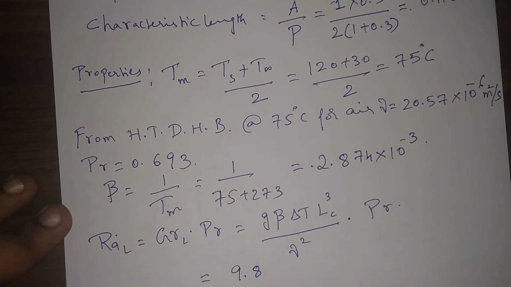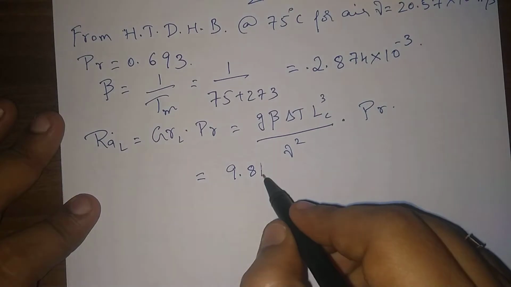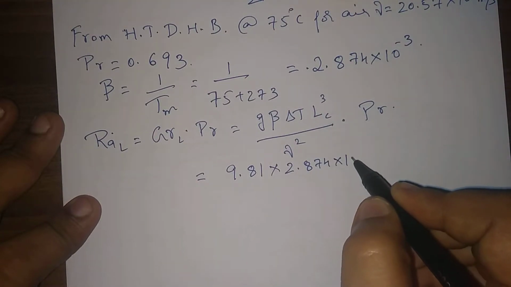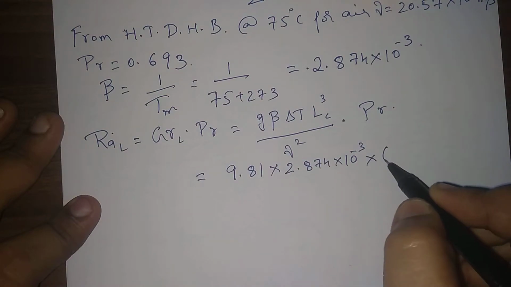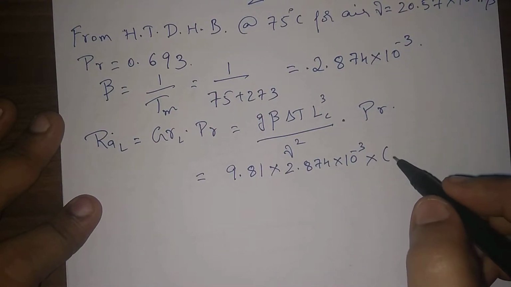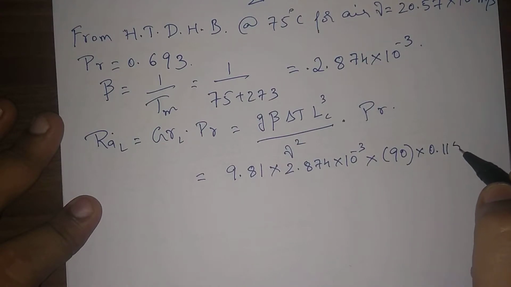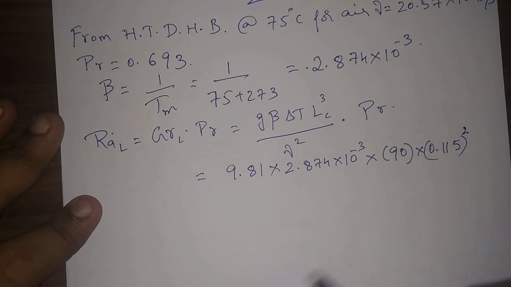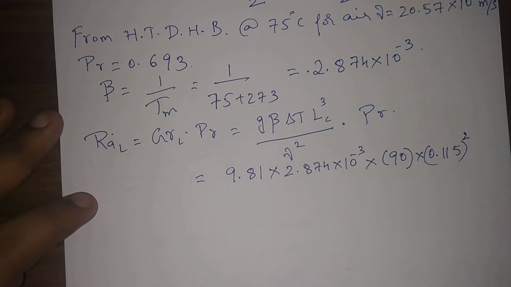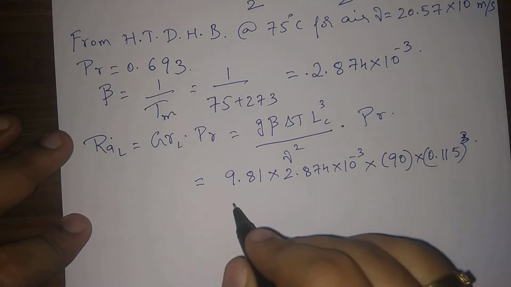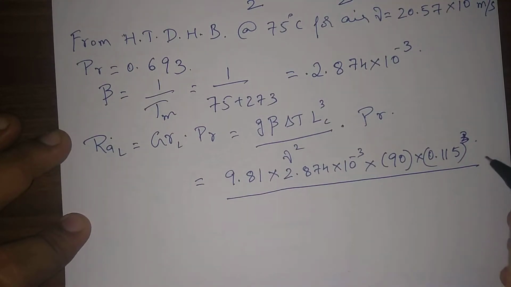G is 9.81, beta is 2.874 into 10 to the power of minus 3, into delta T is 120 minus 30, that is 90, into LC is 0.115 whole cube, divided by kinematic viscosity squared, into Prandtl number, which is 0.693.